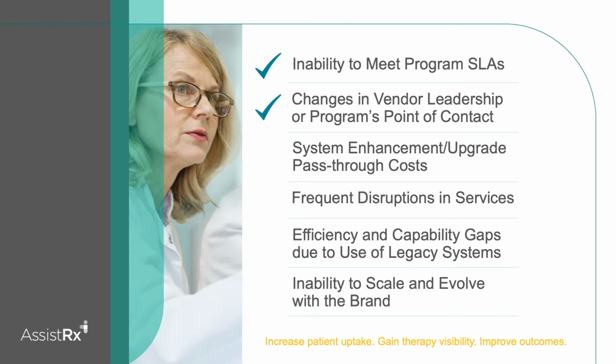The second factor is frequent change in your provider's organization and program leadership. Changes at the top can have a significant trickle-down effect on day-to-day operations. And changes in your program's main point of contact can also impact the program's efficiency, as the new contact will need time to learn you and your organization.